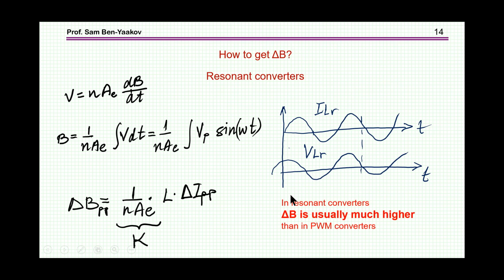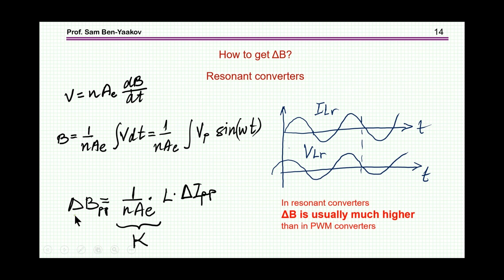It's not just a question of a ripple, but the whole waveform is around zero voltage and current, and therefore you have to look up this waveform and find out, say, from B related to V, what is B and delta B, and then you can use either this equation, which will be like cosine minus cosine, V peak and this thing, or 1 over omega, of course, and here you can use this equation.